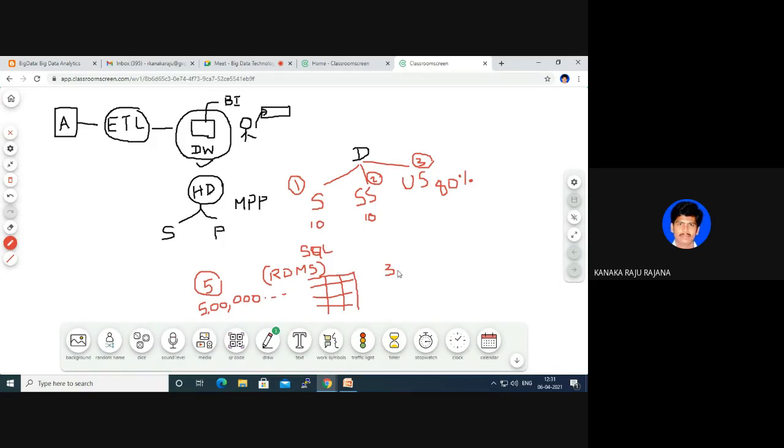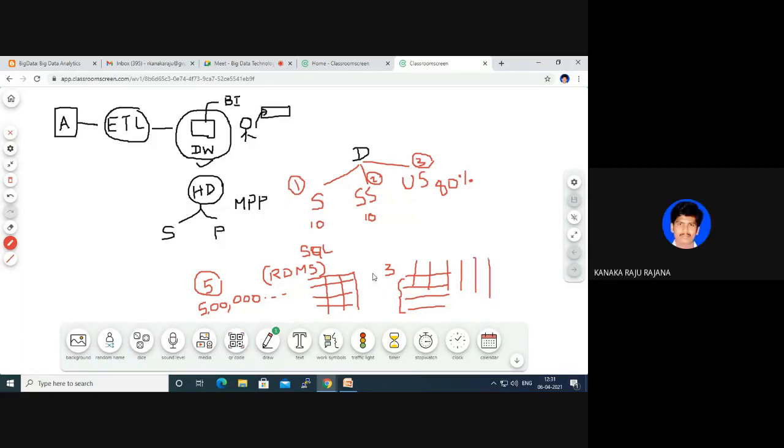Then I frame 3 columns with the relevant names, and then I fulfill my records. First record Rani, second record Vani, and so on up to n number of records. Now the question is, can I repeat the same records infinitely with columns?